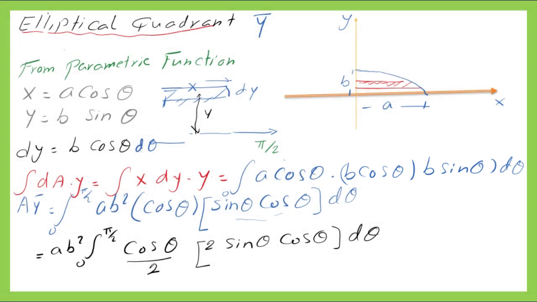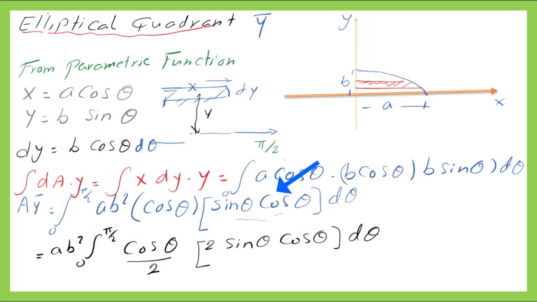We have common a by b, we have b squared a, we get it out, and we have cosine theta by sin theta, we get one cosine theta out, so we are left with sin theta cosine theta d theta.